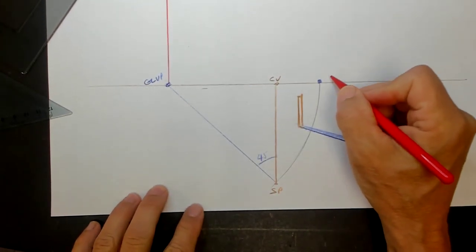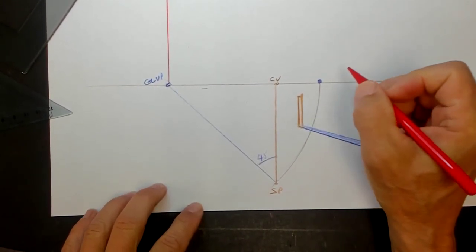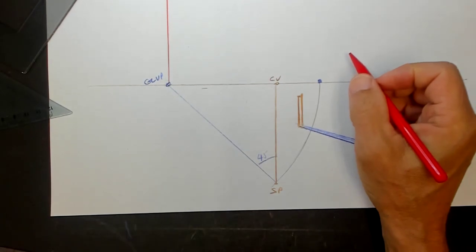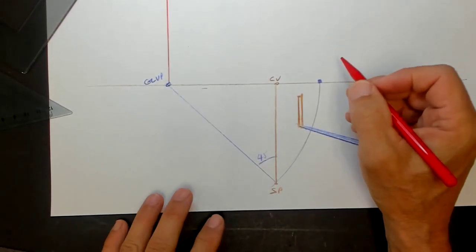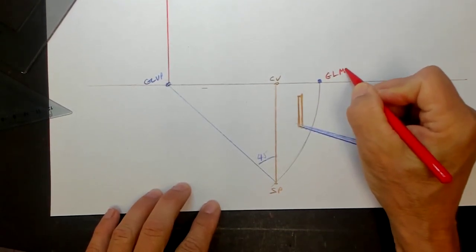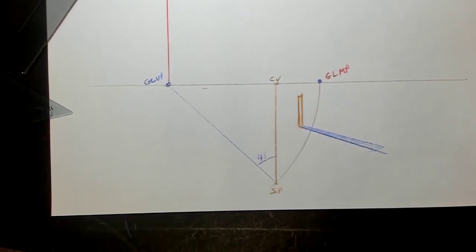It kind of relates back to what the measuring points are for, which is true angles. One of the things they do is give you true angles for inclines. So I'm going to just stick with this and call it a ground line measuring point, even though we don't use it to measure anything. What we use it for is to get our true angles.